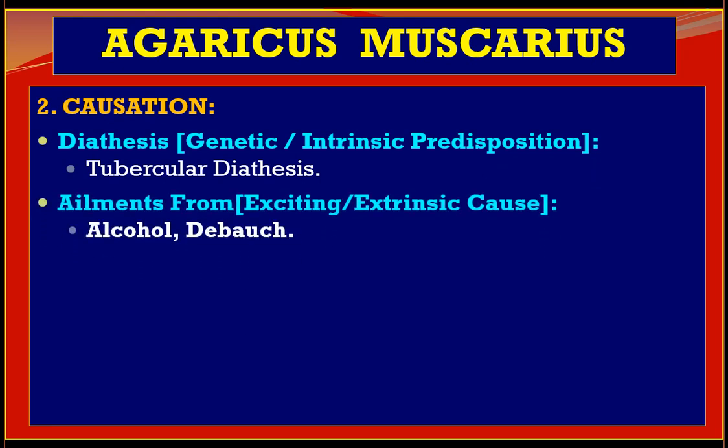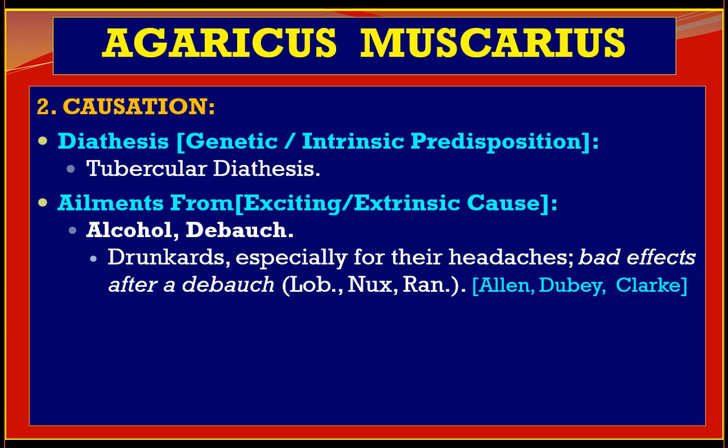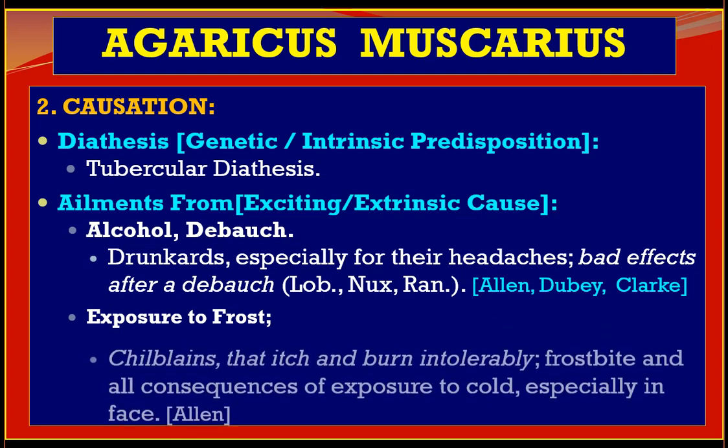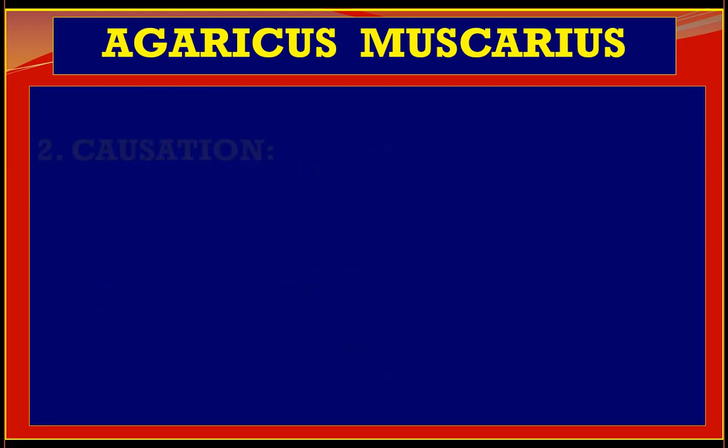Exciting causes include alcohol debauch, drunkards, especially for their headaches and bad effects after a debauch; exposure to frost; chilblains that itch and burn intolerably; frostbite and all consequences of exposure to cold, especially in the facial region.